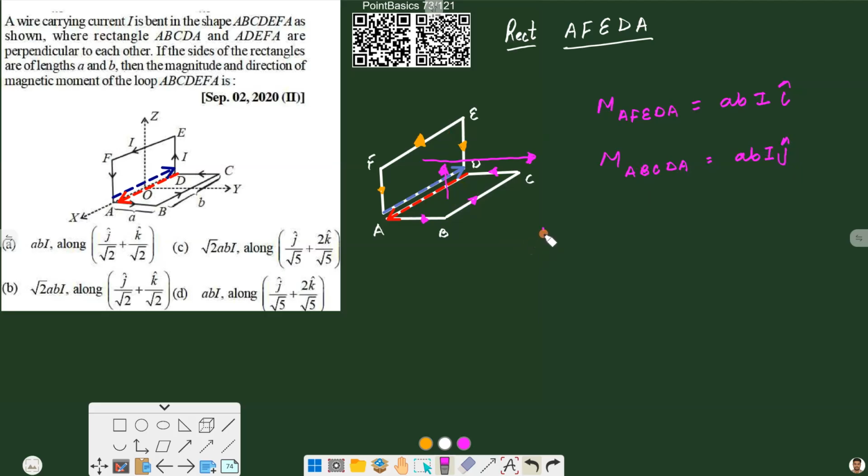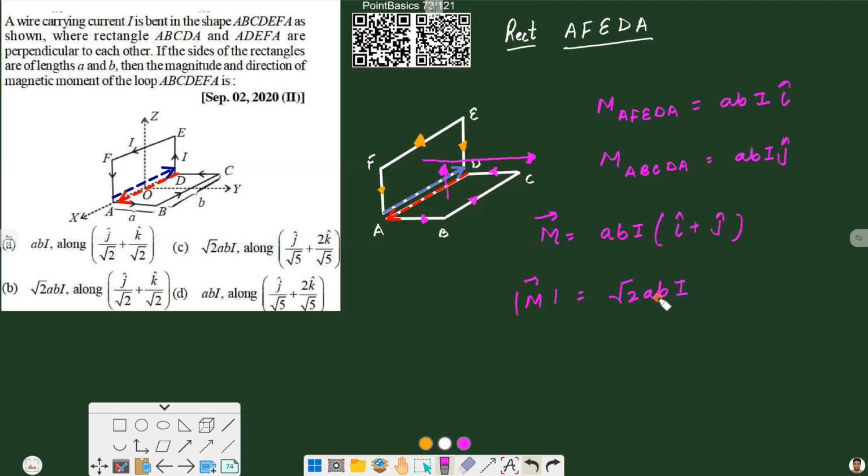So the total magnetic moment will be A B I common into i plus j, and if we find the magnitude of this vector, it will become root 2 A B I.